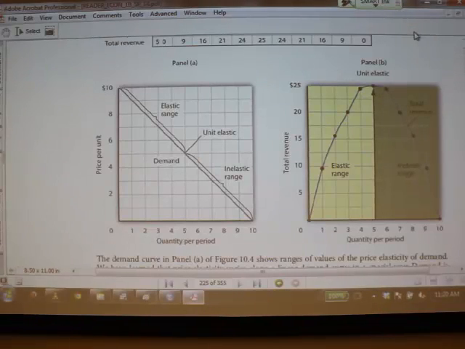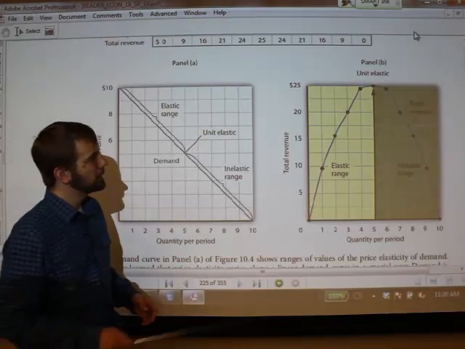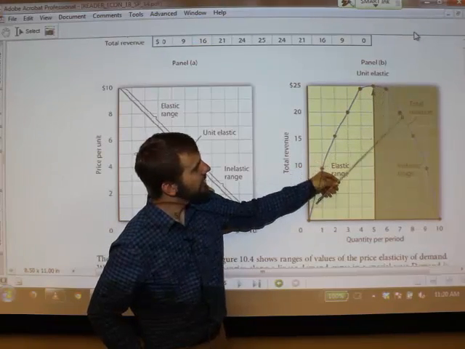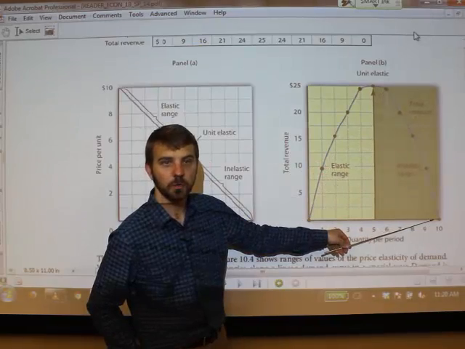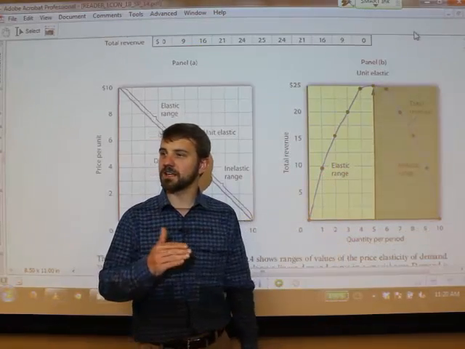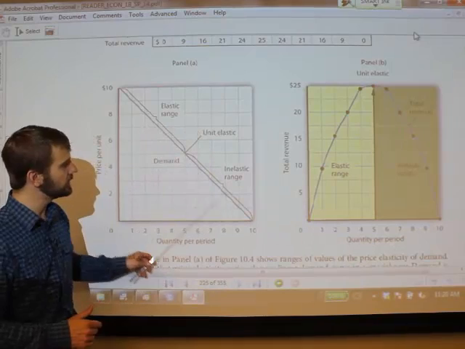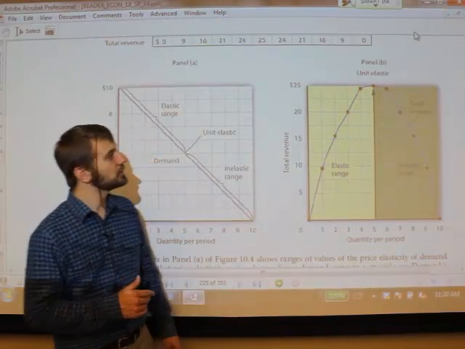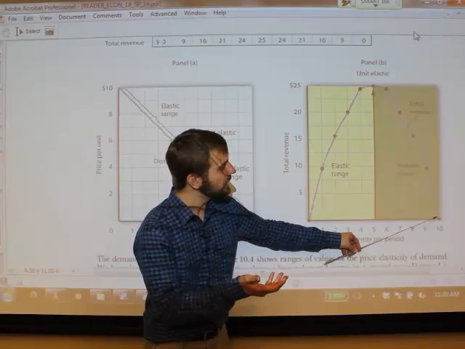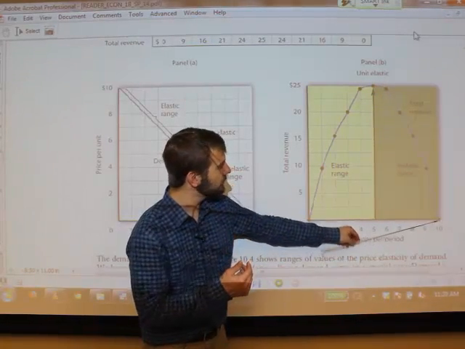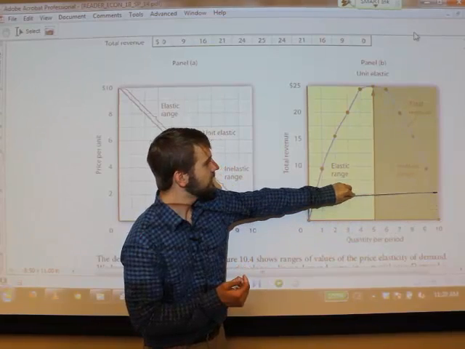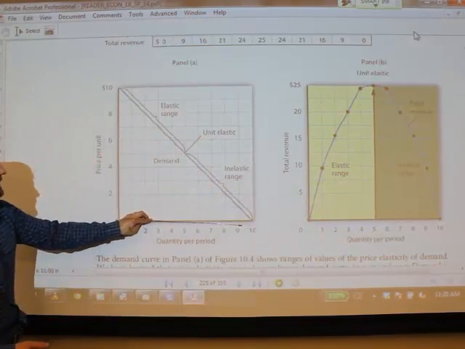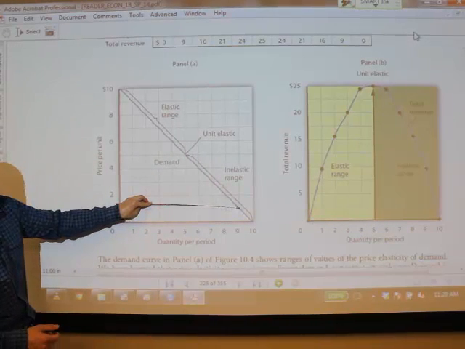So how does this relate to elasticity? A firm would never produce in the inelastic range. Why? If you're in the inelastic range of the demand curve over here, then if you increase your price from, say, 0 to 1, your total revenue increases.